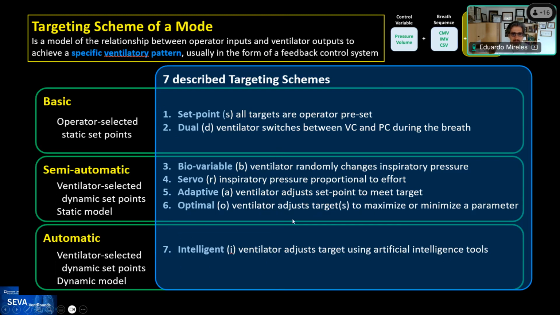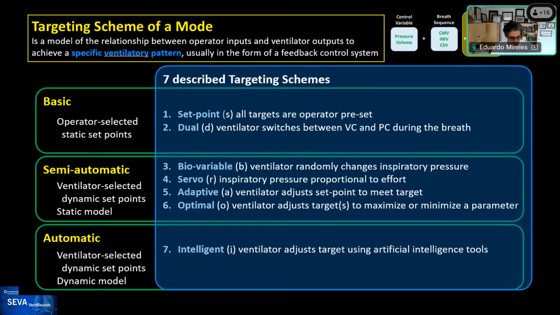One of those that is close to the intelligent is optimal, where the ventilator adjusts the targets to maximize or minimize a parameter. So little by little, we're seeing more automation of the ventilators. There's not many modes that have optimal or intelligent. It's the minority of the modes right now in our universe, but they are moving forward.